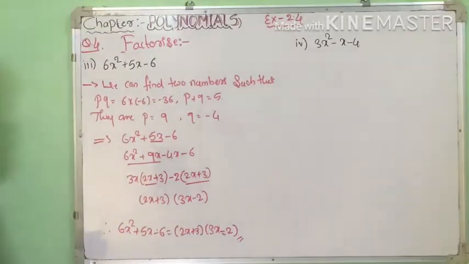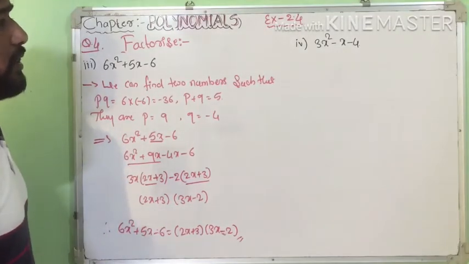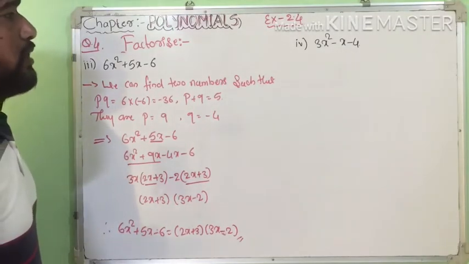So similarly, the fourth one they have given here is 3x square minus x minus 4.